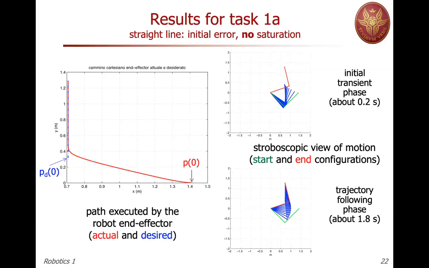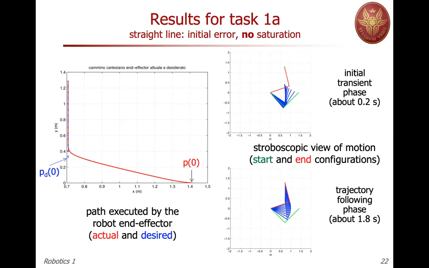And then you see on the right-hand side a stroboscopic view of the actual motion. I run the simulation, I record the queues, and then I have a simple MATLAB code that plots the configuration sampled over the whole trajectory. In fact, I need to sample them differently. The first phase, which is the transient phase, lasts about 0.2 seconds, so 200 milliseconds. And you see from the initial configuration, which is the green one, the robot moves tracing the blue configuration, so it's approaching the axis.